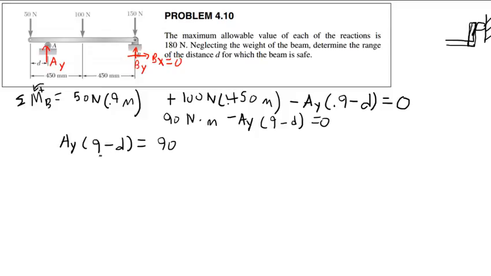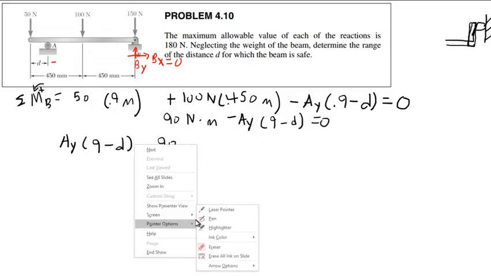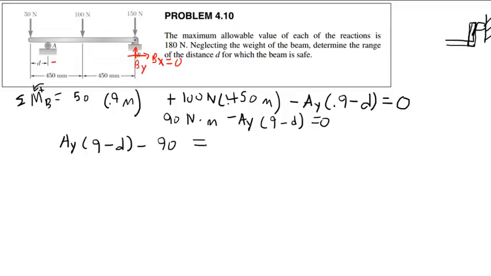Yeah, that makes me feel better. And then AY, I'll put it on the other line. Nope, I don't. And that leads us to AY is equal to 90 over 9 minus D. Just algebra.